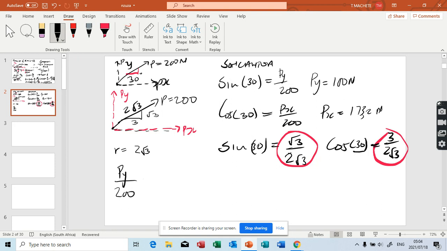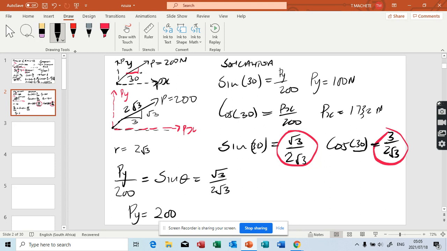Remember, for Py you're going to use sine. Then you know sine theta equals root 3 over 2 root 3. So now you have to make Py the subject of the formula. So Py equals 200 times root 3 over 2 root 3. I think you should get the same answer.